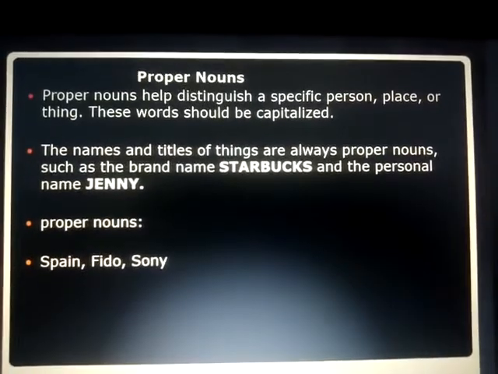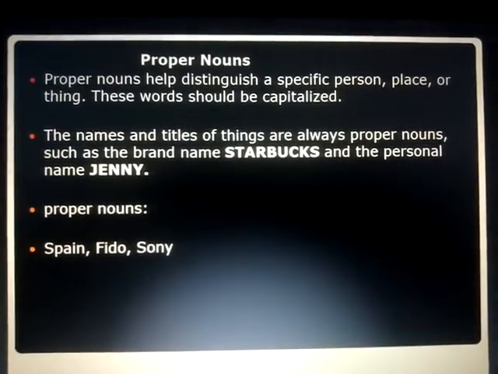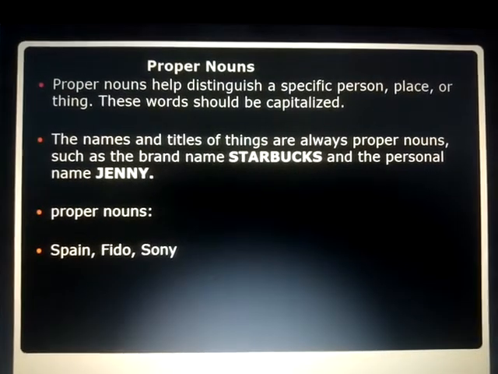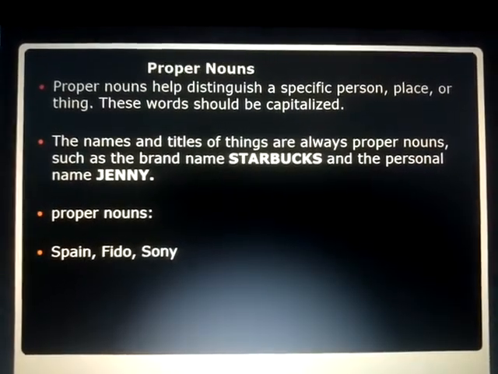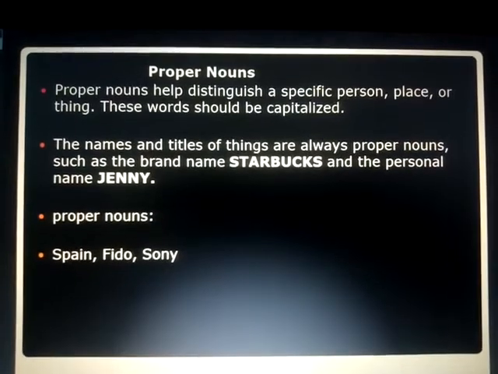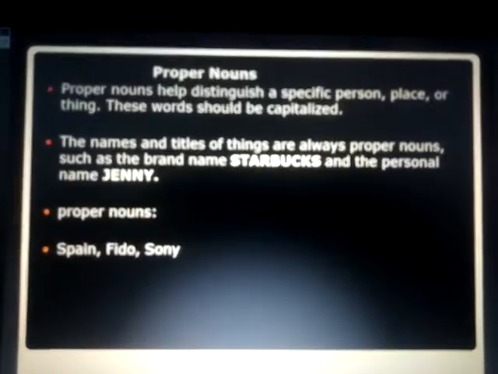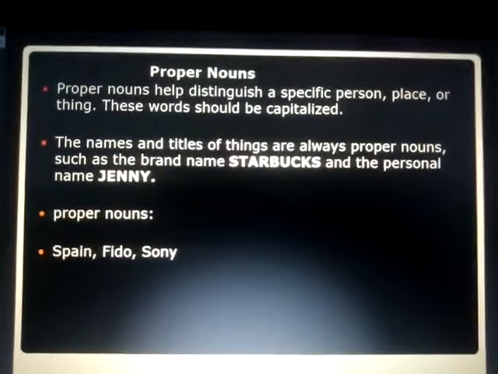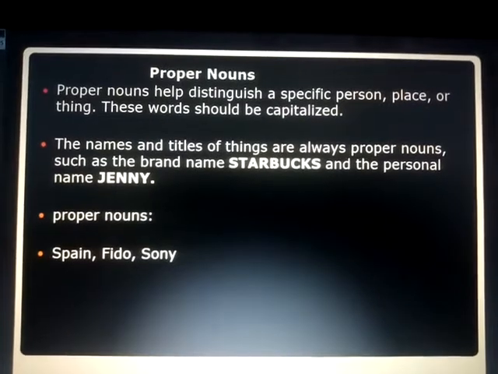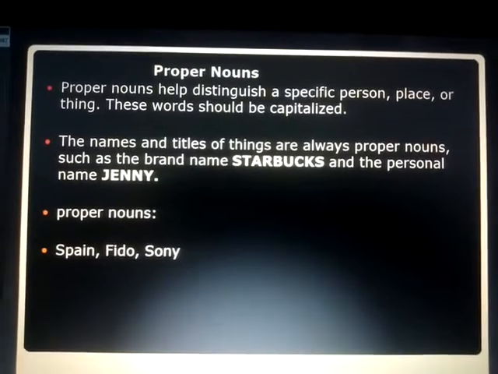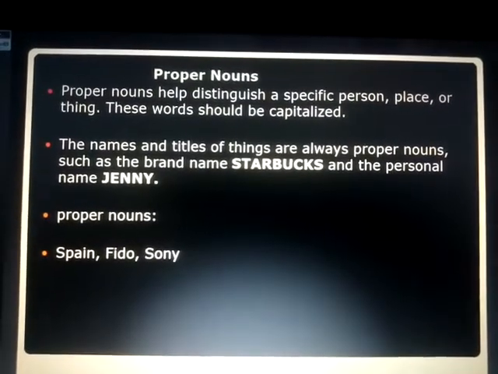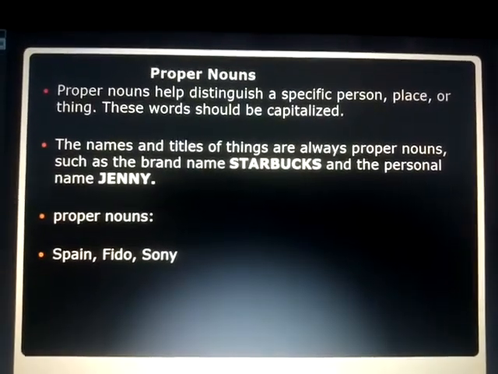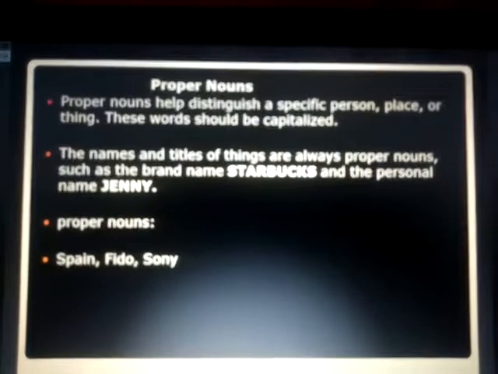The names and titles of things are always proper nouns, such as the brand name Starbucks and the personal name Jenny. Proper nouns: Spain, Fido, Sonny. These are what? Proper nouns.